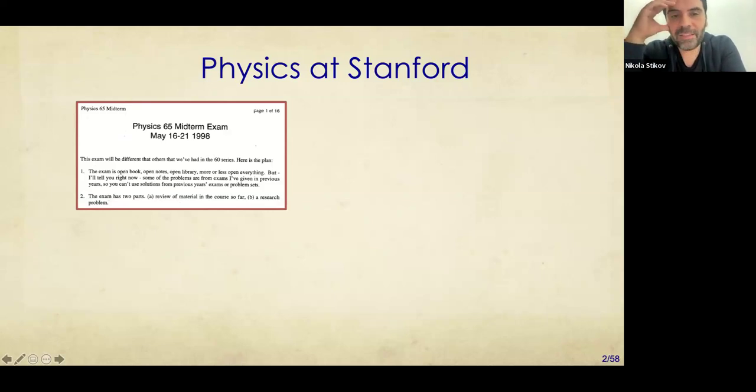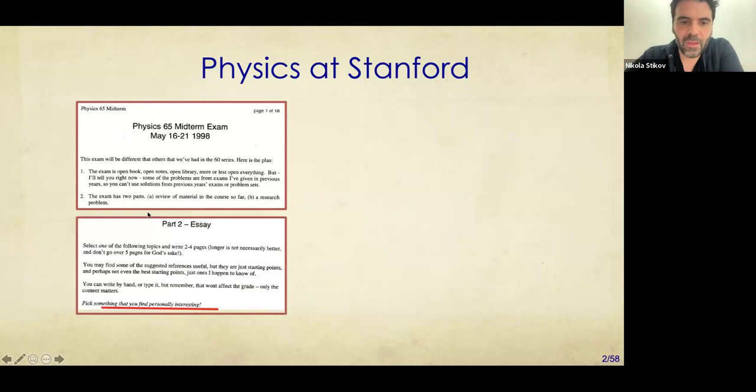And it was by taking an exam in 1998 from a physics teacher who was teaching introductory physics at Stanford. And this was the most original exam I had ever taken because basically the exam had some questions that were regular problems. And then it had a research problem that we were supposed to address.